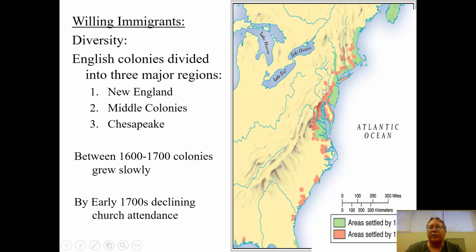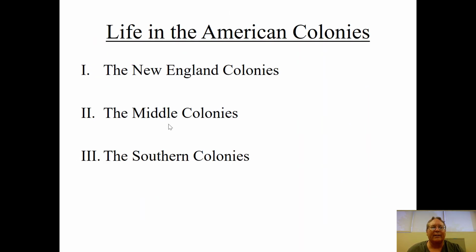New English colonies are going to be started, and you're going to have people from New England and people from the southern colonies coming in and settling here and creating a hybrid, if you will. And then, of course, we have the southern colonies, started in the Chesapeake region with Maryland and Virginia, but then the Carolinas and eventually Georgia as well. So we have three distinct regions that we're looking at today.